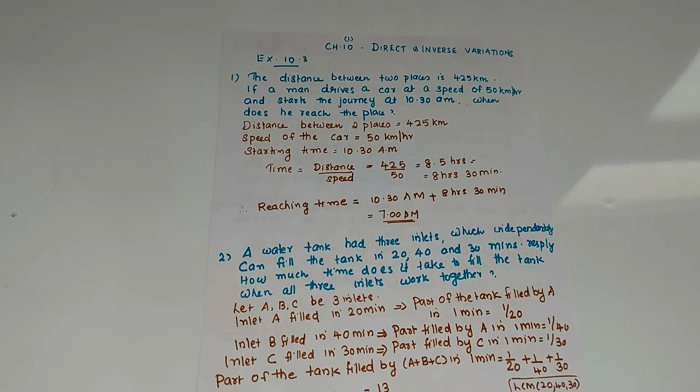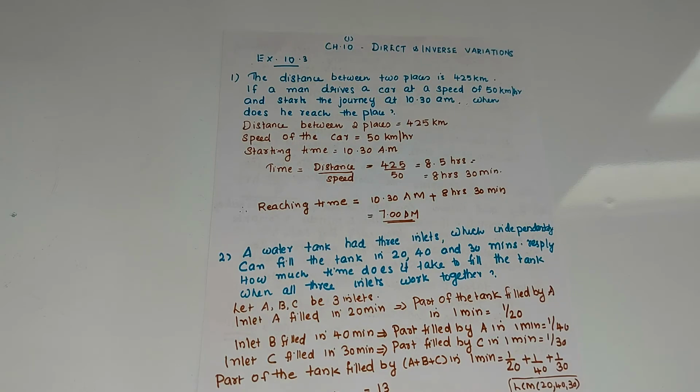And our question is, when these 3 inlets work together, the time to fill the tank. So now part of the tank filled by A, B, C together in 1 minute equal to 1 by 20 plus 1 by 40 plus 1 by 30.